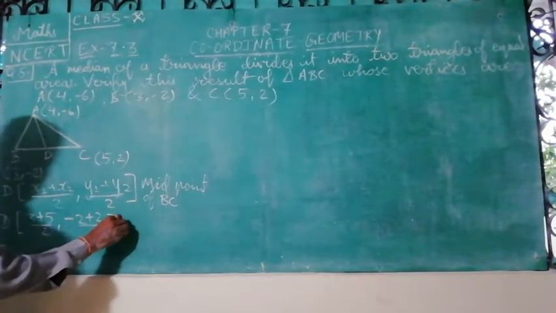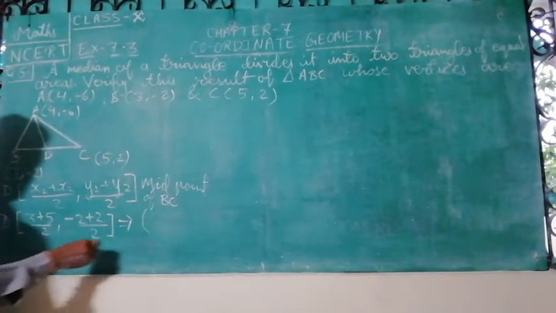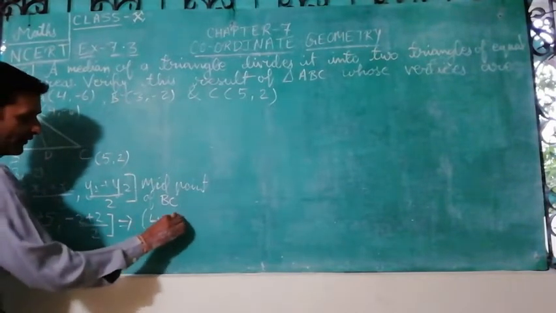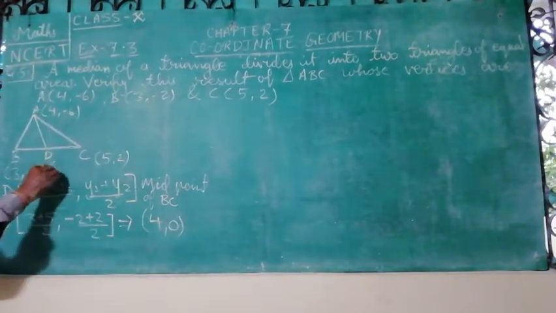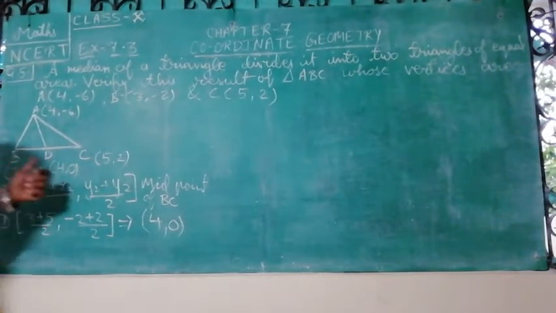So it implies that coordinates of D will be 8 upon 2 that is 4, and minus 2 plus 2 that is 0 upon 2, it will be 0. So 4, 0 are the coordinates of midpoint D of BC.